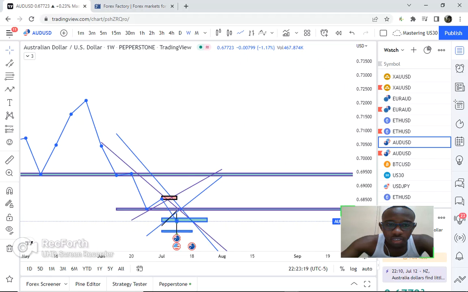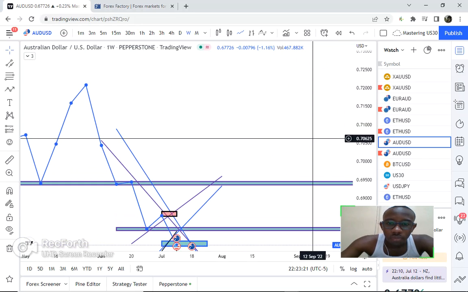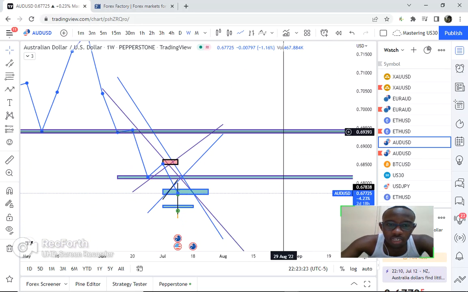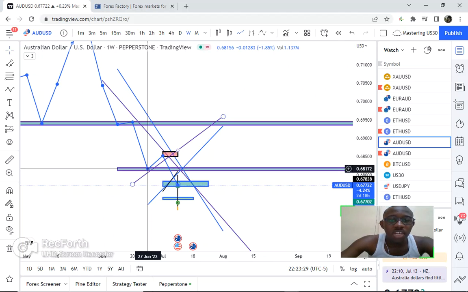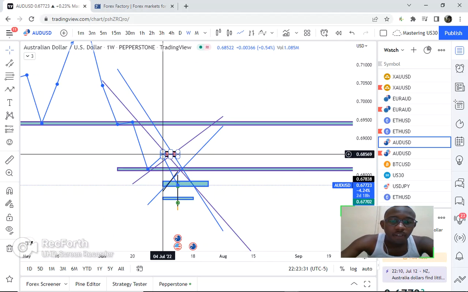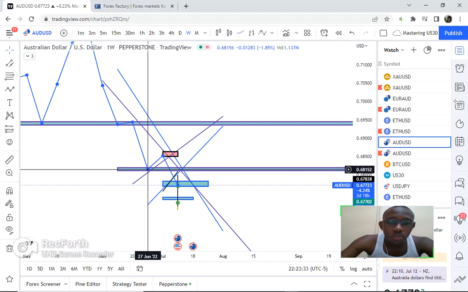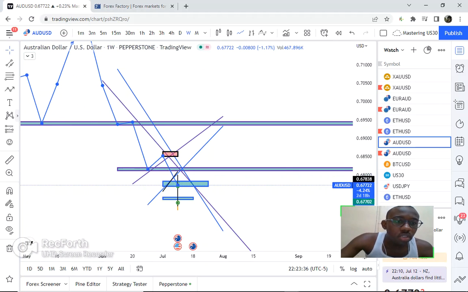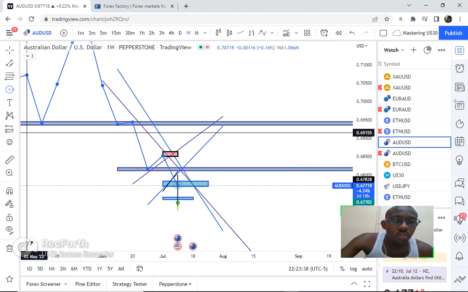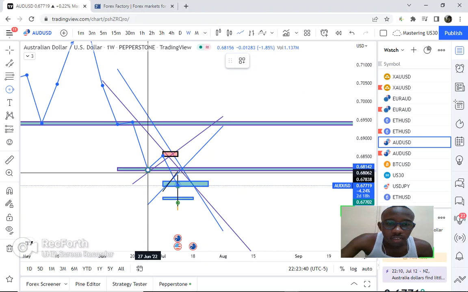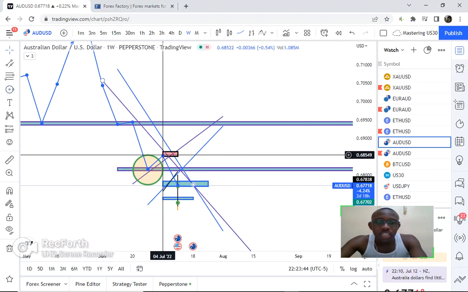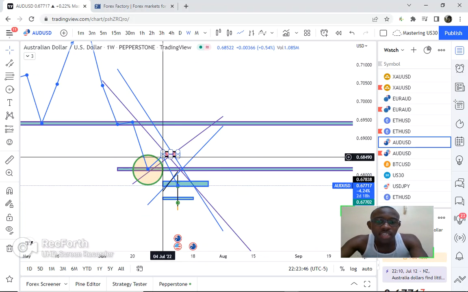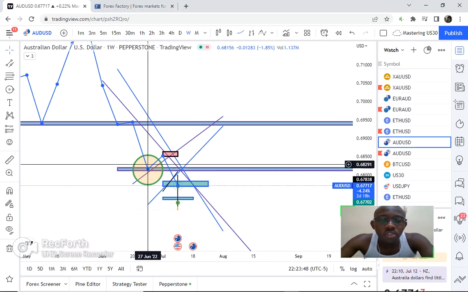As we get closer to the present market, we are moving from a high right here, and we've made a low, we've made a lower high, and we've now broken this low right here. So price is indicating to us from the weekly time frame that it intends on going lower.